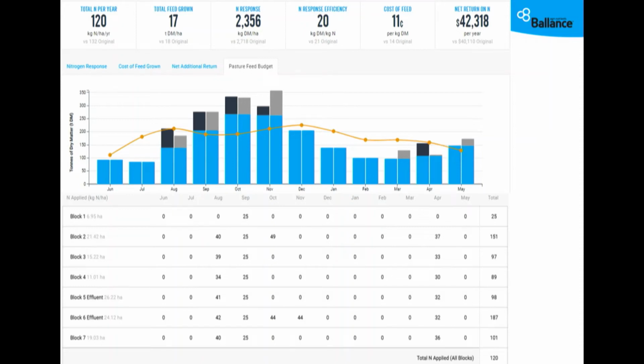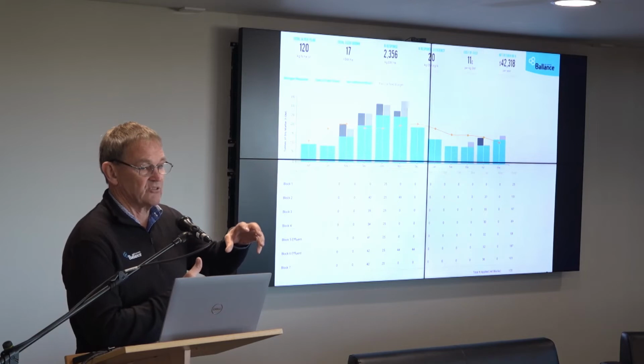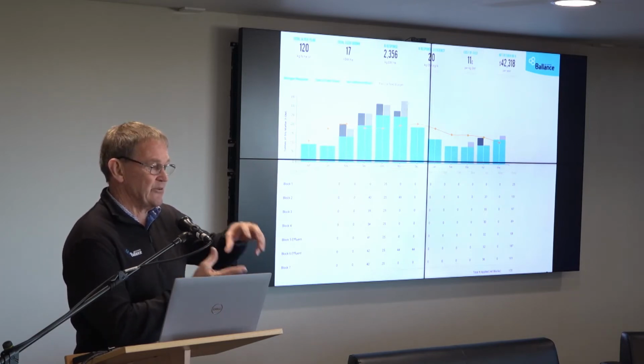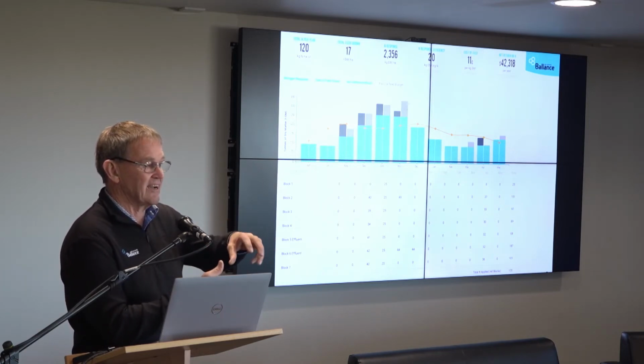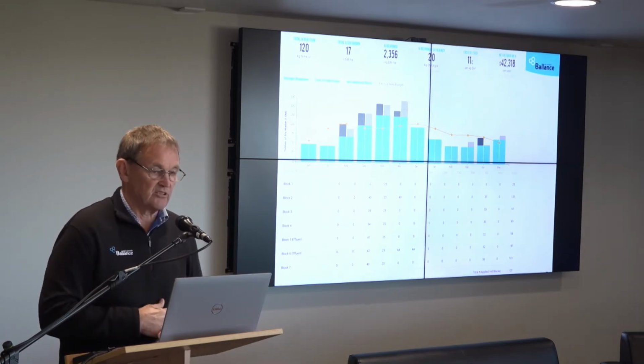And on the higher total N blocks, it tends not to apply that nitrogen there. But sometimes it depends on how much area each of those blocks are and how much nitrogen it's got left to use. There are some other constraints we can set in there about how much we can apply on each block and within each month as well. So you can set constraints there.